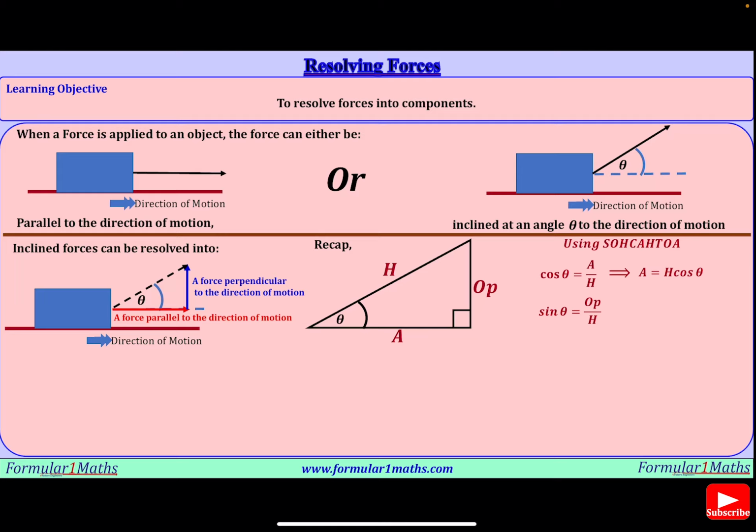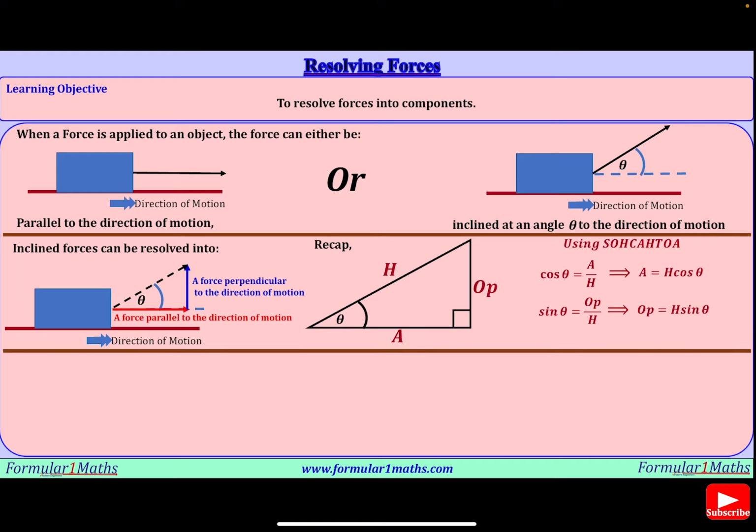Similarly, sin theta, which is opposite over hypotenuse, implies that opposite is equal to h sin theta. We are going to use this knowledge to resolve forces into two components. So let's go and do that.